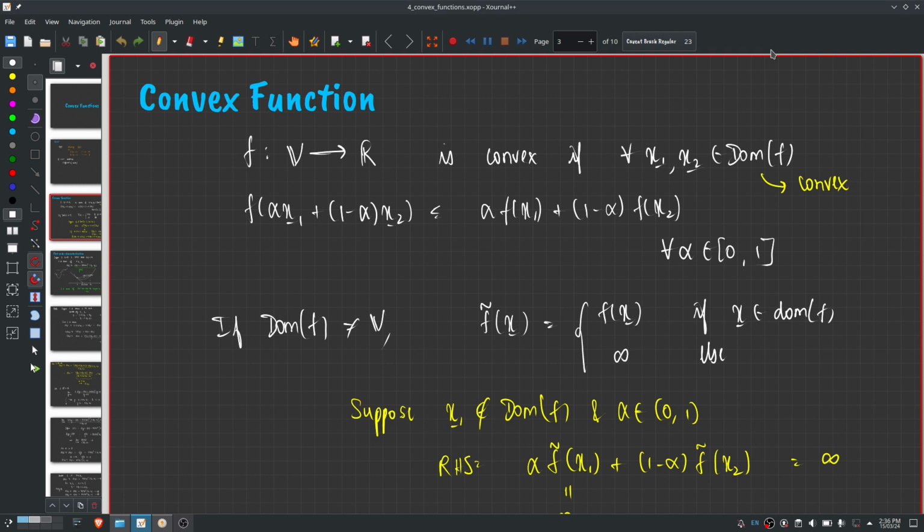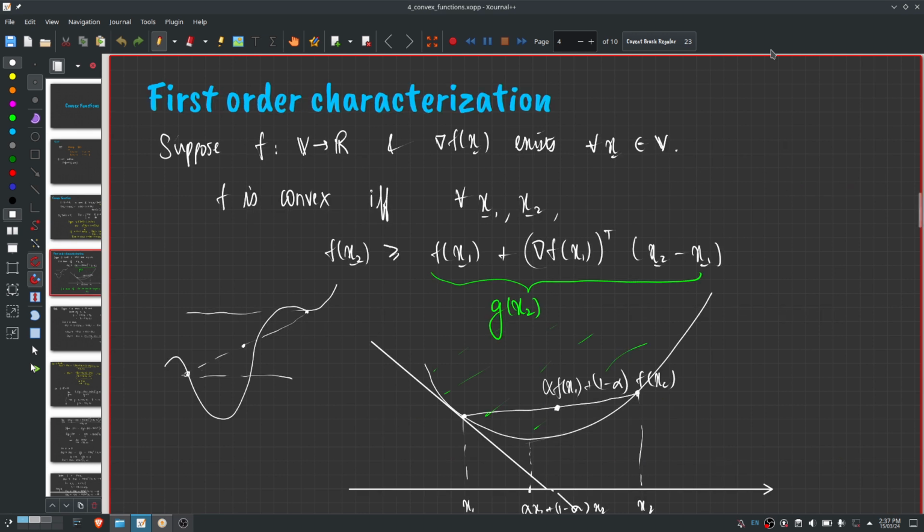Okay, so this is the definition of convexity. But in many cases, it is not helpful. Suppose you want to test whether a given function is convex. It's not always easy to check for this particular condition. And the geometric interpretation for this condition is that given any 2 points on the curve for the function, the straight line joining these 2 points always lies above the curve.